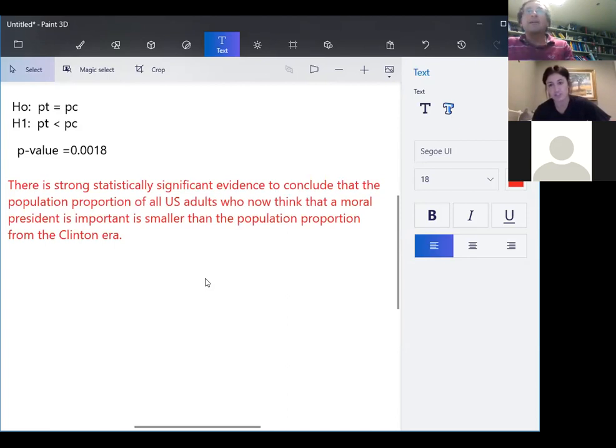Yeah, so I'm not going to write it all out because it's long, but you would say that if the population proportion who think that presidents should be moral was the same in the Clinton era as it is now, and if you did another study of 1,024 people now, and I guess you couldn't do it, or had you done another study, because you can't do it now that it's over, and 1,000 people in the Clinton era, then there would be a 0.18% chance that it would have declined by at least 6%.